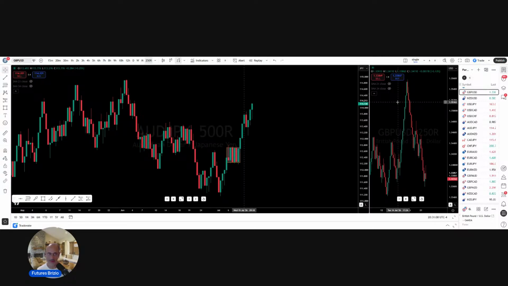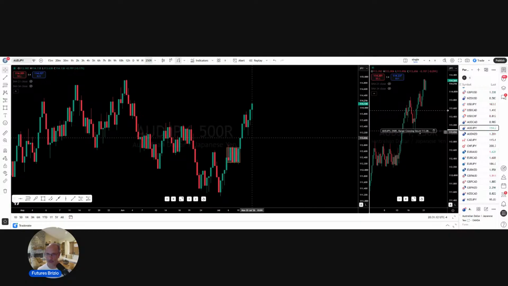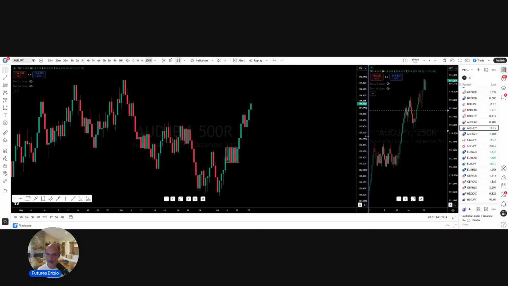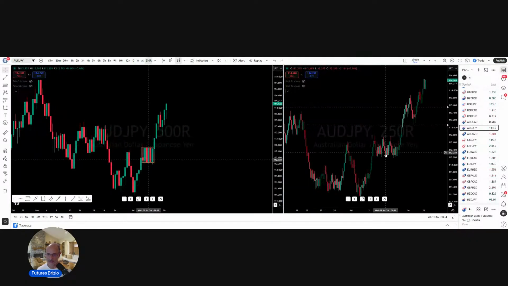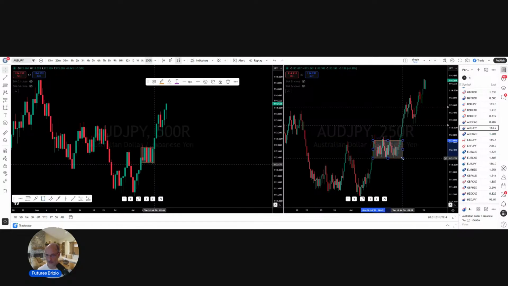But in addition to that, if you want an even better entry, what you could do is, because this is that same range, this is the 250 range chart. So this is the same range right here. Of course, you could just use this chart if you wanted, or you could just draw a box around here.